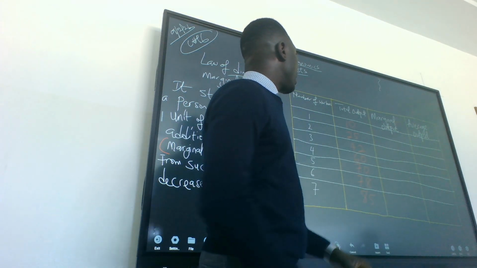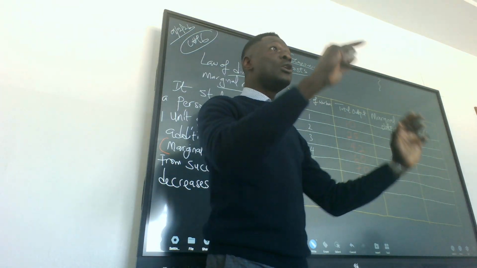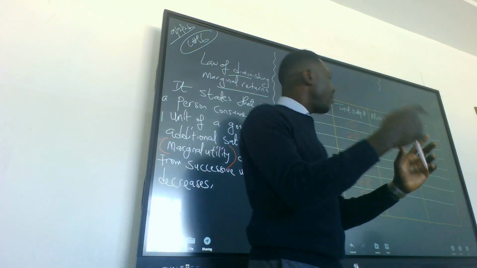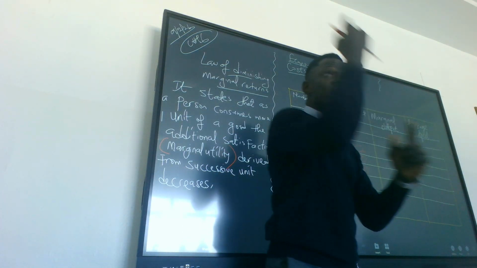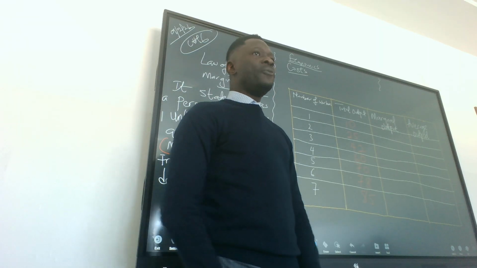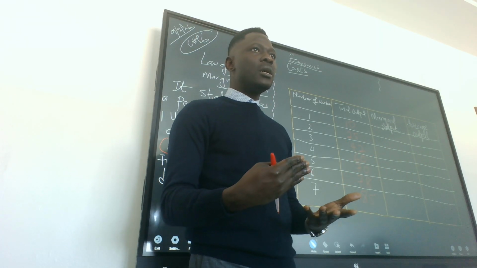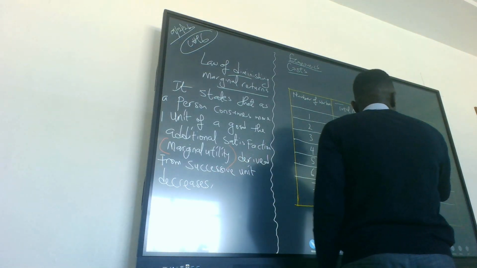So, let's go back here. As soon as we employ more workers to the same equipment, so we have more variables to one fixed factor, it will bring about strain to the fixed factor. Does it make sense or not? Yes. You have one fixed factor like a machine.